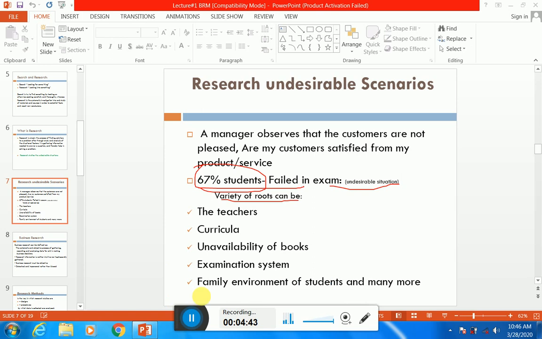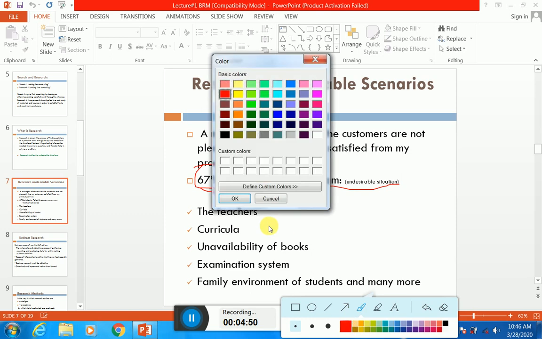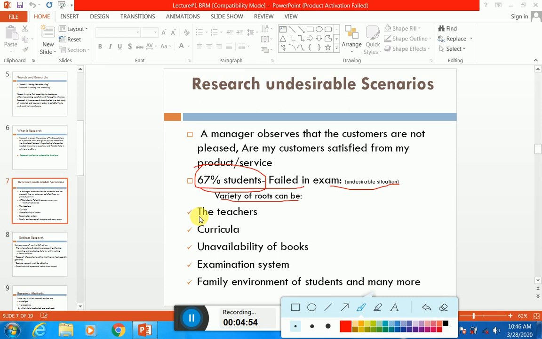Might be the teachers were not appropriate, might be the teachers were not good, students were not able to pick up from the teachers, the behavior of the teachers was not absolute, the command of the teachers over the subject was not clear. So might be the teacher can be a reason.